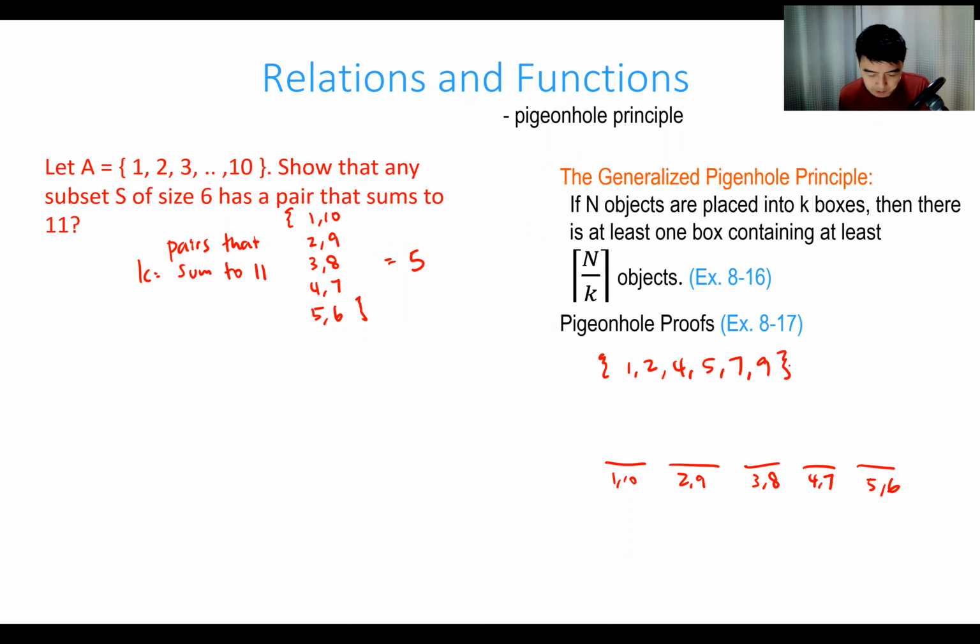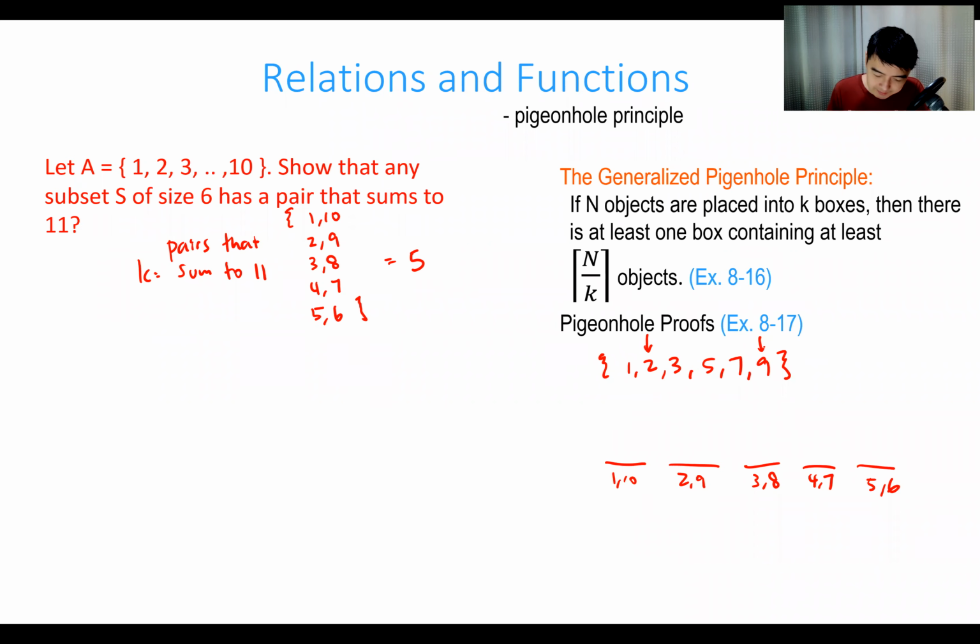Now, there is a guarantee that there's going to be at least a pair of numbers that sum to 11. In this case, I can probably give you a better example here. Maybe I'm going to take the number 3 as well. So here you can see that there are two numbers that sum to 11, which are 2 and 9.